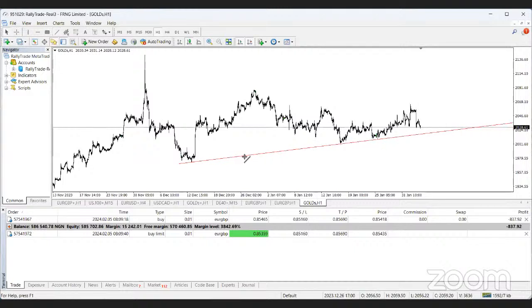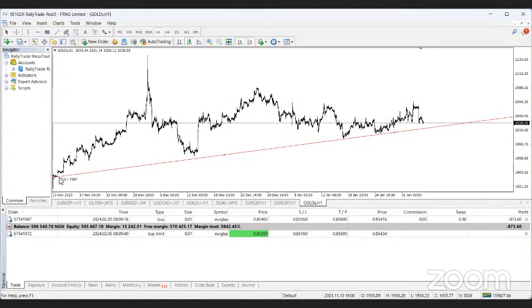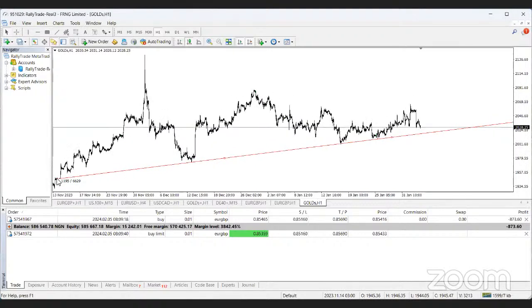So this is the way, which is good. I have this trend line that tells me exactly what gold is doing right now. And of course, I can extend this to the back. Let me copy this to another zone to check.